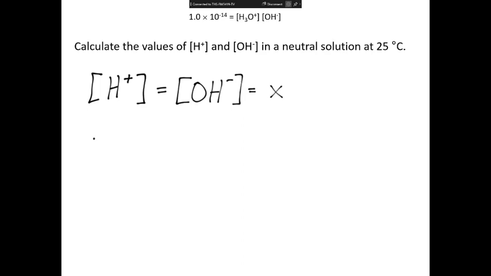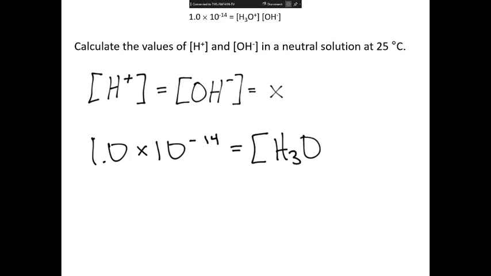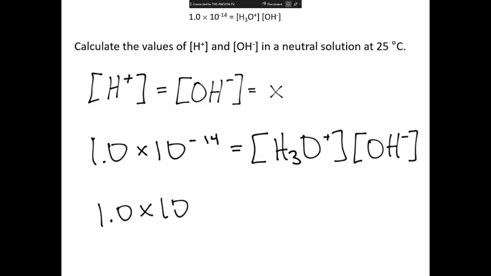So then we can say 1 times 10 to the negative 14th equals H3O plus, which is the same as H plus, times OH minus. 1 times 10 to the negative 14th equals X times X. So this is kind of like what we did with some KSP values the other day when we were trying to find the concentration of those.